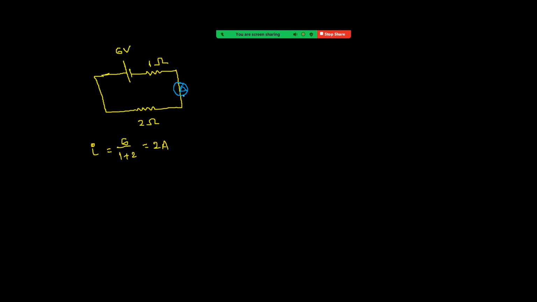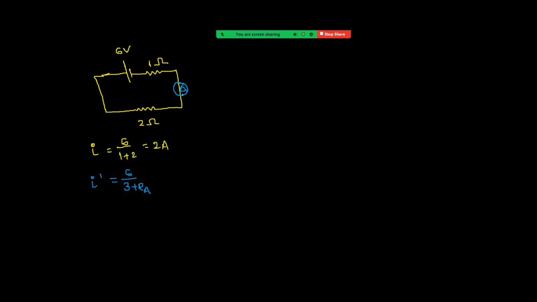Okay. And here one more key point is, this is having some resistance. So since it is having resistance, current will change. That means now current becomes I dash equal to 6 upon 1 plus 2, that is 3, plus resistance of ammeter. That means now current will be less than 2 ampere. Therefore, this will measure a current which is less than 2 ampere.